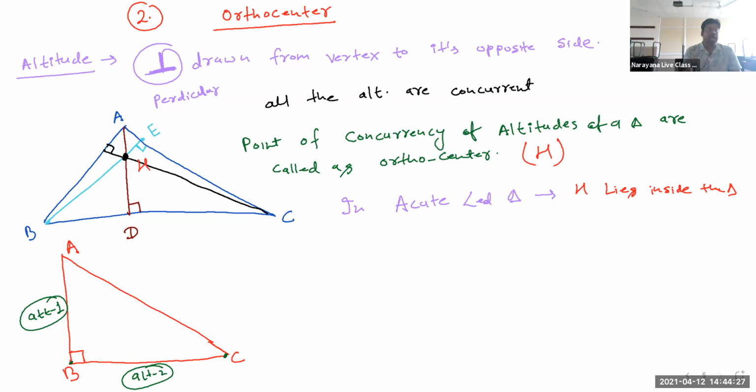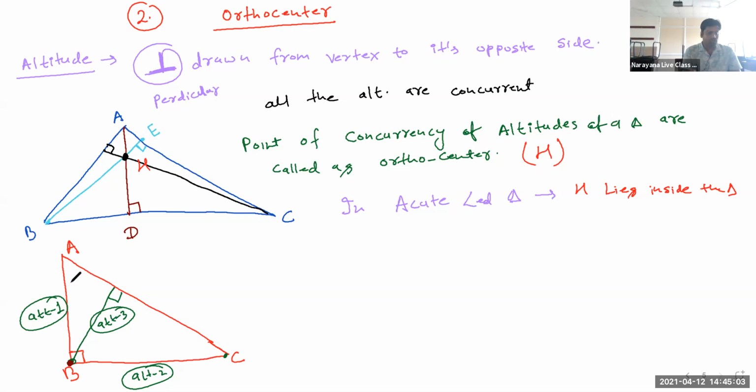And if you drop a perpendicular from vertex B to side AC, its opposite side, this will be altitude 3. Hence, what is the point of concurrency of all these 3 altitudes? It is point B itself. Got it? Just listen once again.